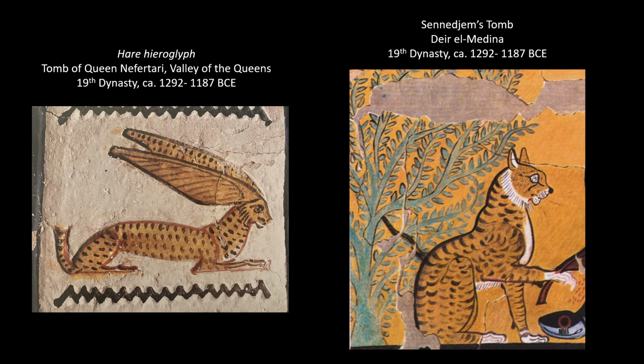So note the similarities here between Senejim's great tomcat and this hieroglyph of a Cape hare. The coloring and the patterning of the coats are nearly identical. They are both golden in color with brown flecks and spots, and they both have a white or creamy underbelly. We also see that they have large hind legs with long forearms.